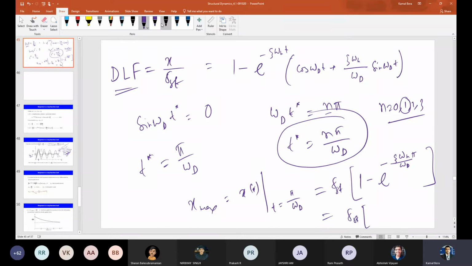So all are getting this expression for x max? So I can write omega d is omega n root over 1 minus zeta square, right? So pi zeta over root over 1 minus zeta square, correct? So all are getting the same thing or not?